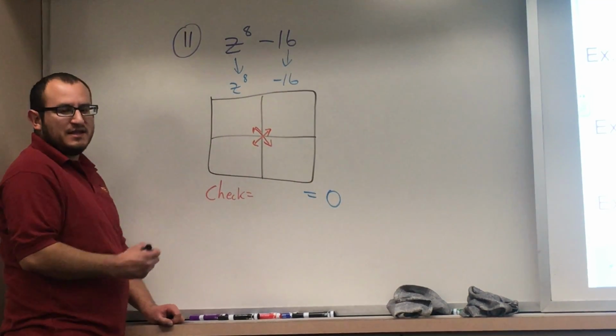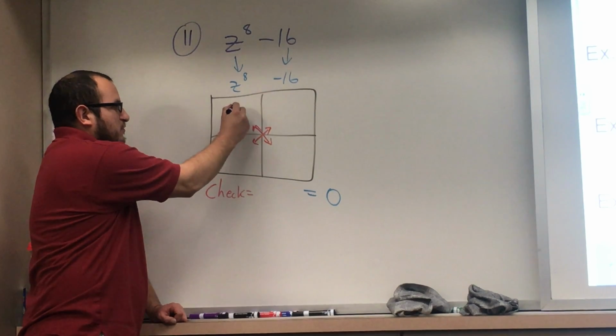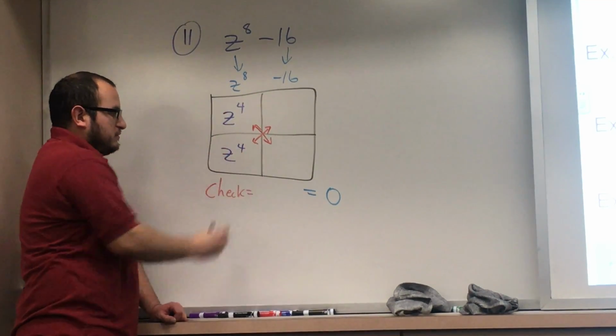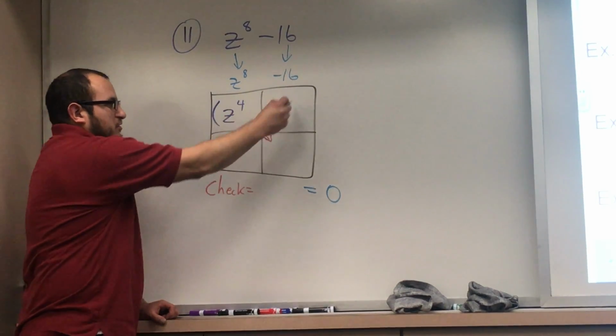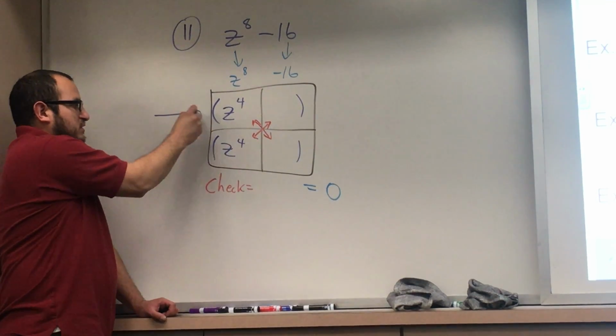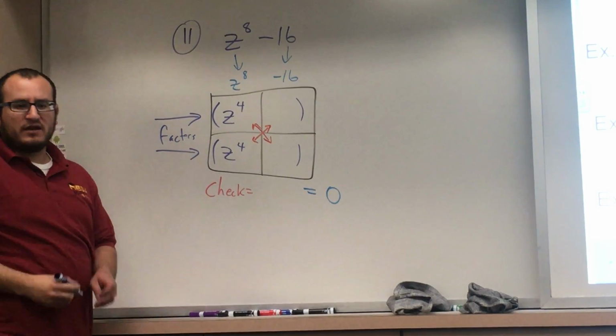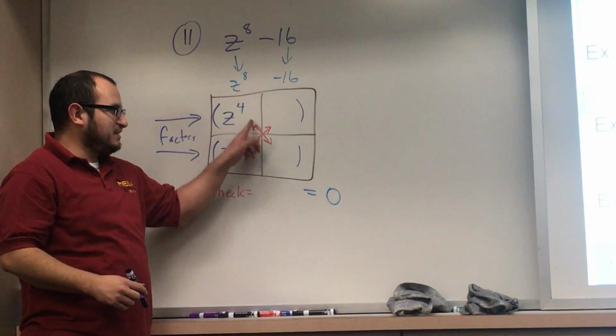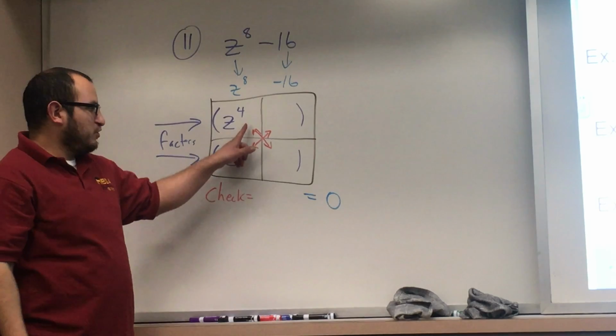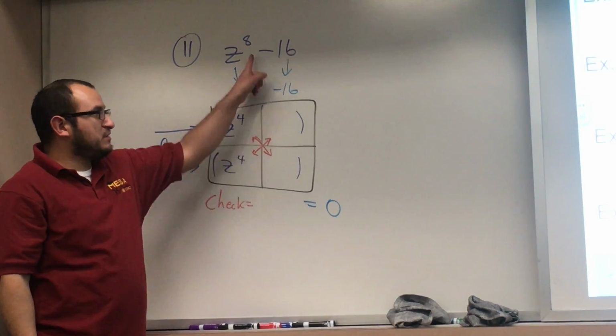So how do we get z to the 8? Z to the 8 will be z to the 4th, z to the 4th. Oh, and remember, your answers always go this way. That confuses a lot of students because you're cross-checking and they think your answers go this way, but that's wrong. The only reason we do this is so that we check to get the middle term.